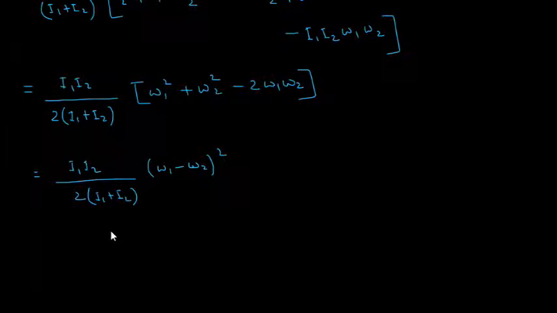Now all the quantities here in RHS are positive. Therefore, we can write E initial minus E final is greater than 0.